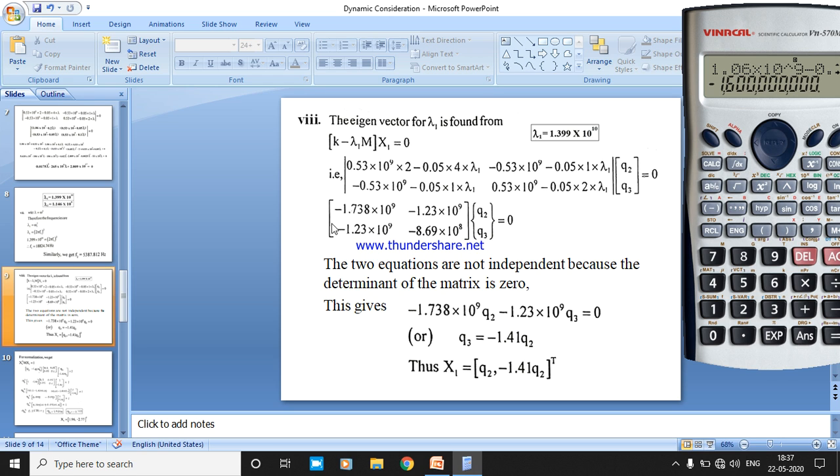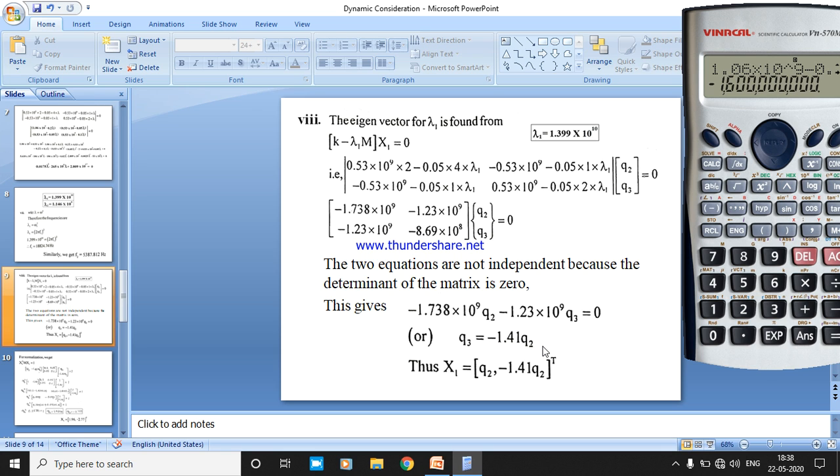In these two equations, I'll consider the first equation. You can consider the second equation also, you will get the same solution. The first equation is minus 1.738 into 10 raised to 9 into Q2 minus 1.23 into 10 raised to 9 into Q3 is equal to 0. Here I will convert any one of them into one form.